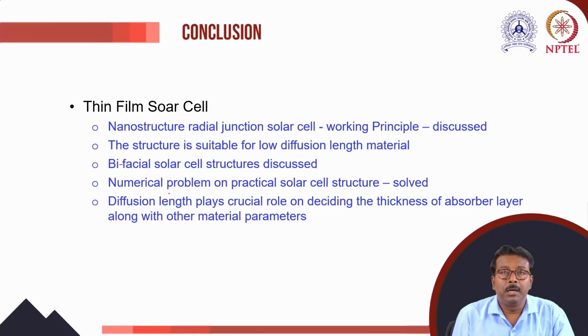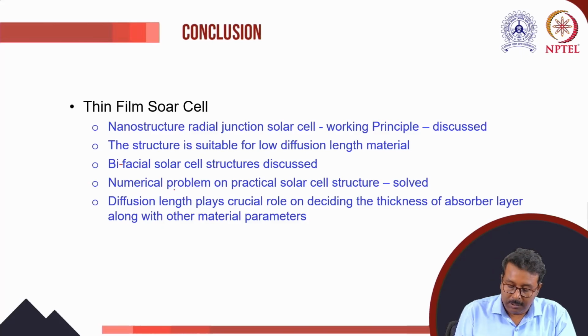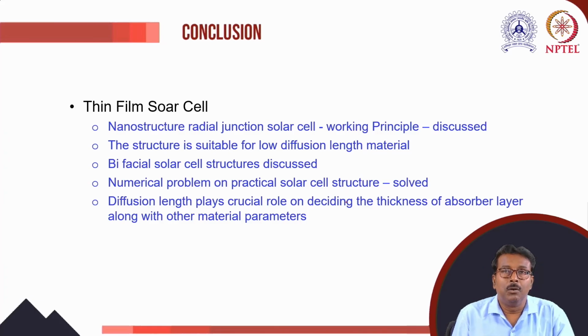After that, some numerical problems. One numerical problem we solved was on a practical solar cell structure, and we have seen that the diffusion length is much greater than the thickness of the device. In that case, in the formula you have to put the thickness of the device, which is the feasible value. And diffusion length plays a crucial role, which decides the thickness of the absorber layer.